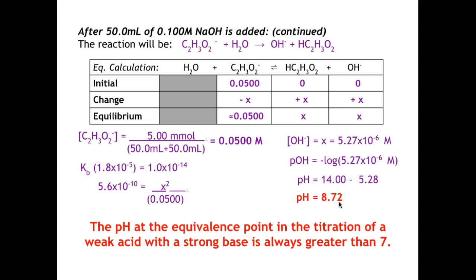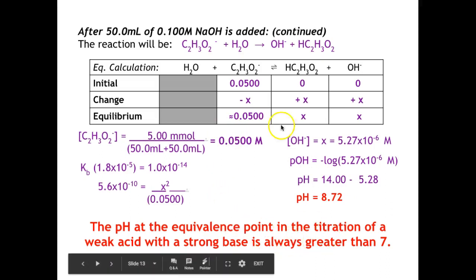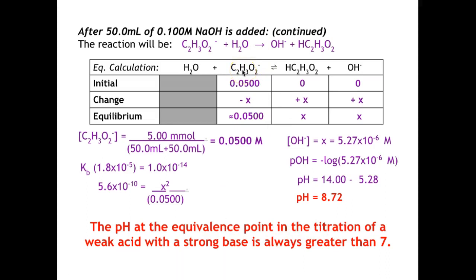So the pH at the equivalence point when we titrate a weak acid with a strong base is not 7. It's always going to be greater because we're going to have a concentration of conjugate base. And if we remember, the conjugate base of a weak acid is stronger than water. So therefore, it's going to interact with water and steal its hydrogens, forming some hydroxide ions in our solution.